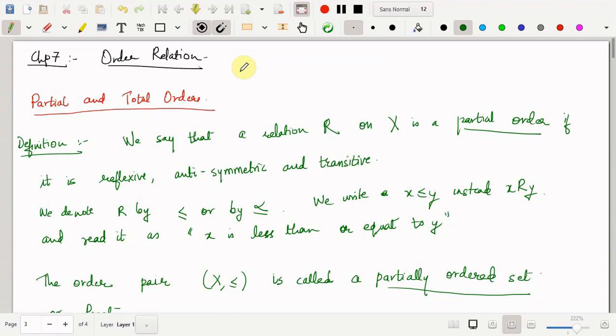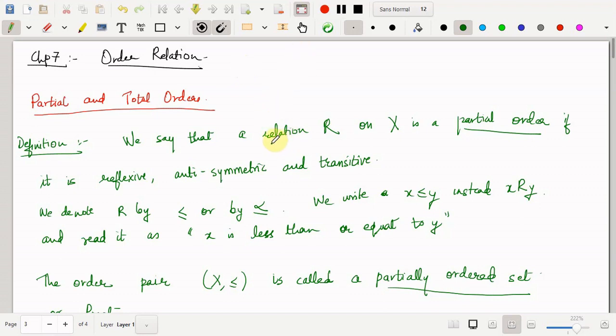Okay, and this is called an order relation because it satisfies all the properties of a so-called partial order relation. So, in the same way as for an equivalence relation, we will now discuss the partial order relation and the properties of a set with a partial order relation.